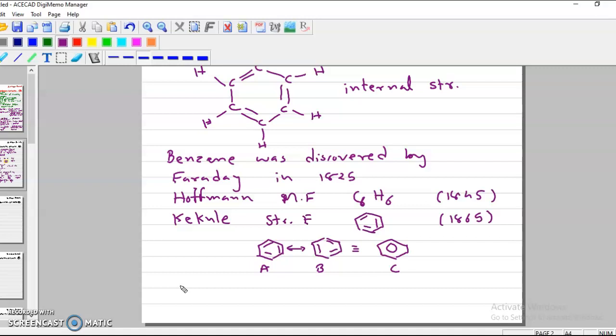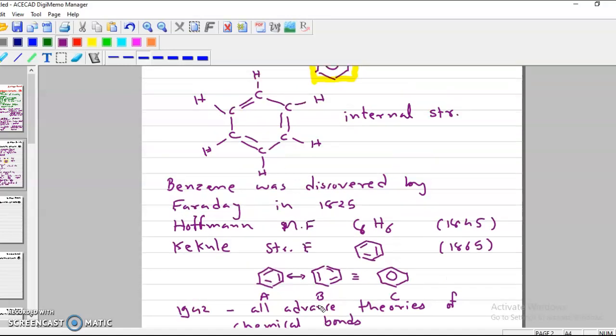Then he applied this dream to the compound benzene and gave this formula. So again, it was by fluke that he gave this formula, which was confirmed in 1942 by the advanced theory of chemical bonds. This way we come to know about the structure of benzene.